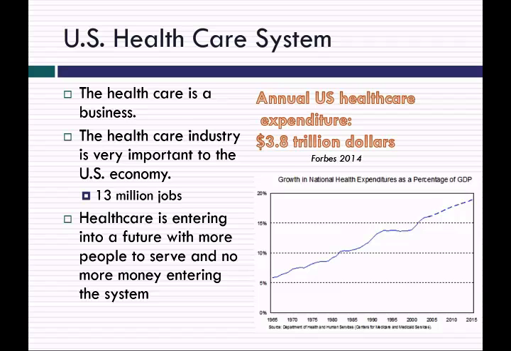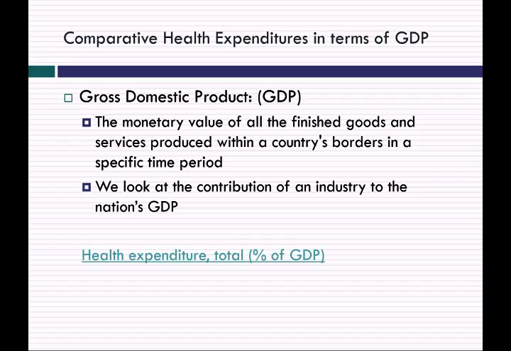The annual U.S. healthcare expenditure in 2014 was $3.8 trillion. This is a huge expenditure. And as we look at percentage of gross domestic product, which I'll review in a moment, you can see how the percent of that gross domestic product in the U.S. has increased steadily from 1965 to now being at about 17% of our gross domestic product, a significant increase in expenditures.